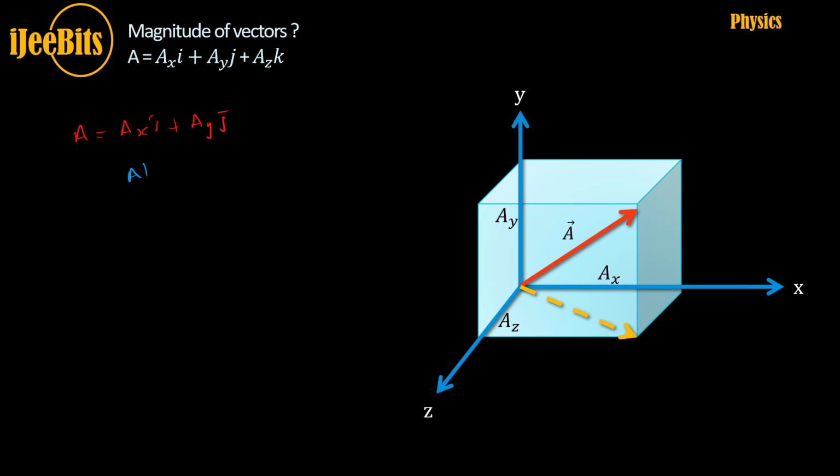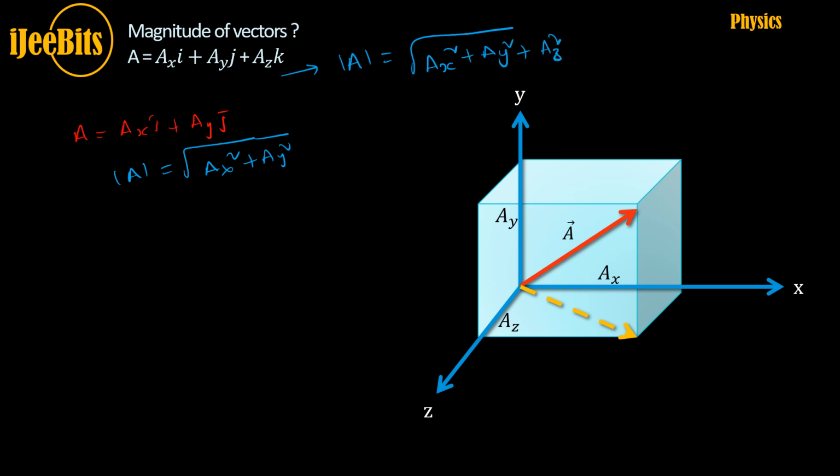Magnitude of A would be root of ax square plus ay square. Correct? Similarly, if you have a 3D, the magnitude of A would be root of ax square plus ay square plus az square. This is the value of the magnitude. Clear? Very good.